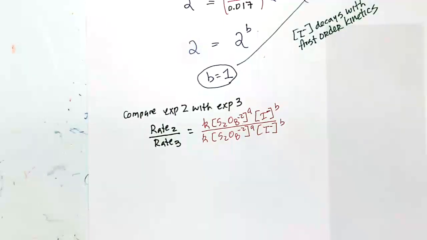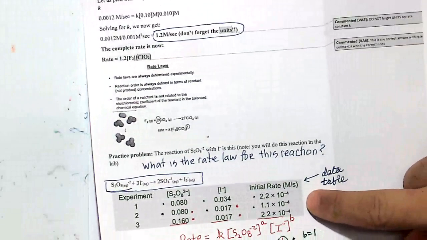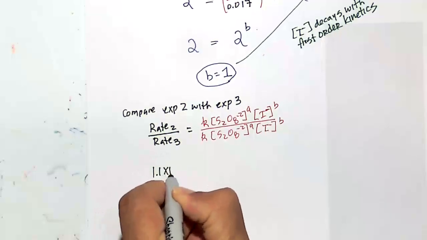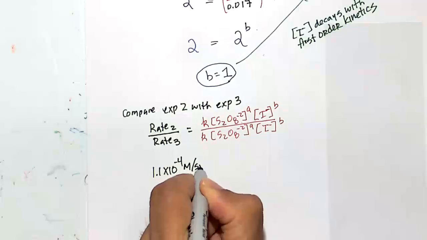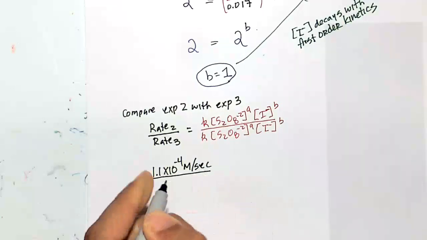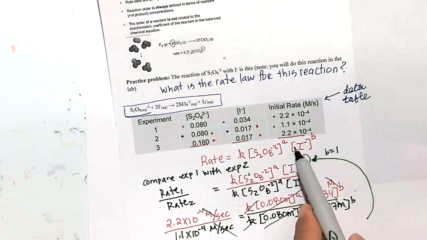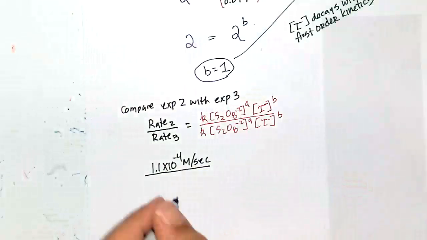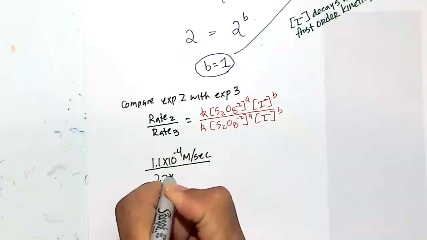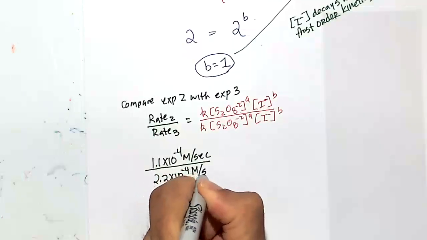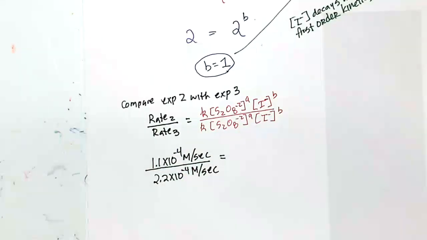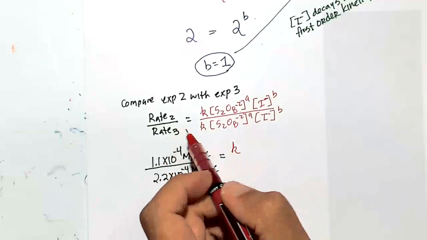So what is rate 2? In our notes, rate 2 is 1.1 times 10 to the minus 4 molar per second. What is rate 3? 2.2 times 10 to the minus 4. I'm just plugging stuff in. K we don't know.